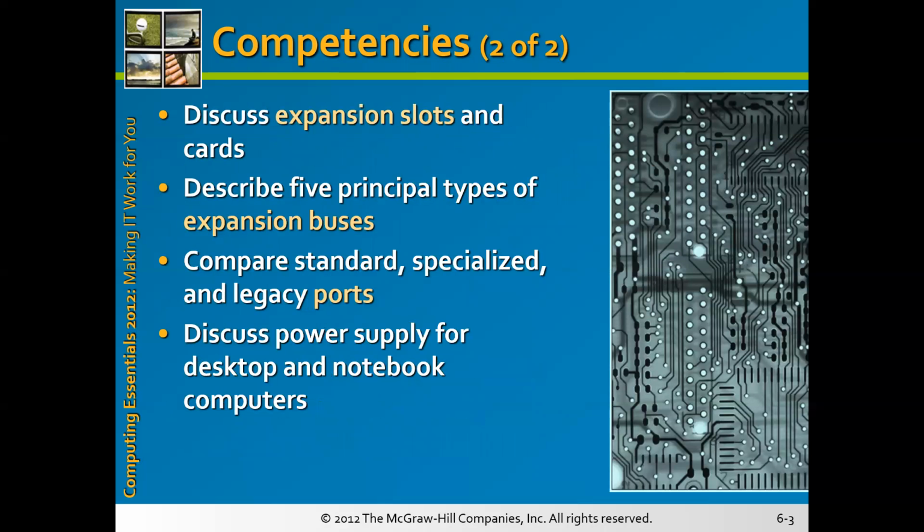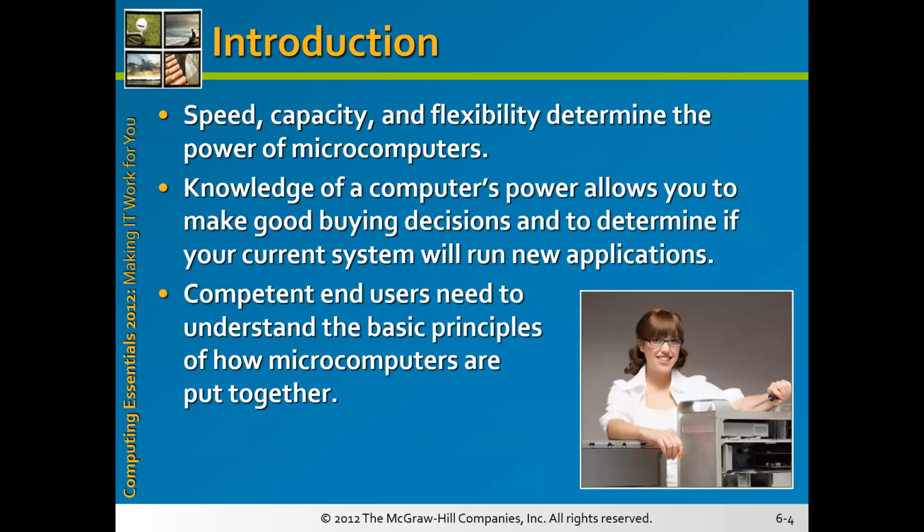Moreover, we should also look at and discuss expansion slots and cards. We'll describe 5 principal types of expansion buses, compare standard, specialized, and legacy ports, and finally, we'll discuss the power supply for desktop and notebook computers.